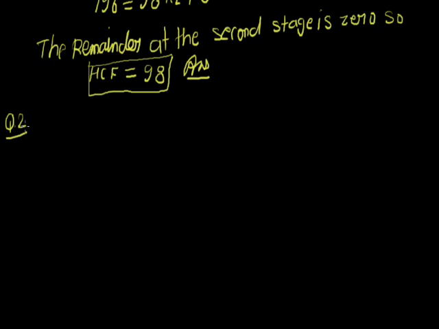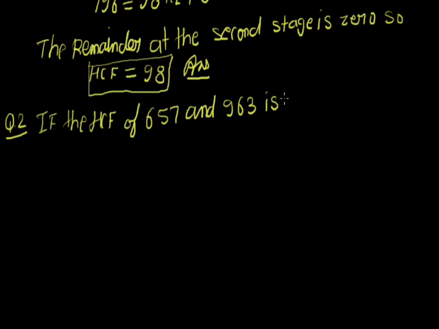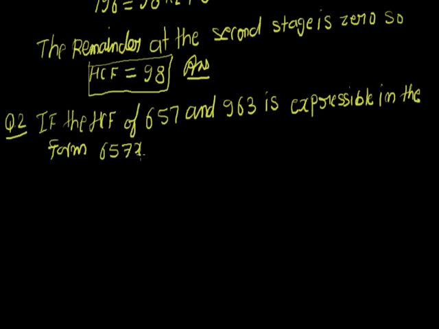That is the second question: if the HCF of 657 and 963 is expressible in the form 657x plus 963 into minus 15, then find the value of x. That is our question.